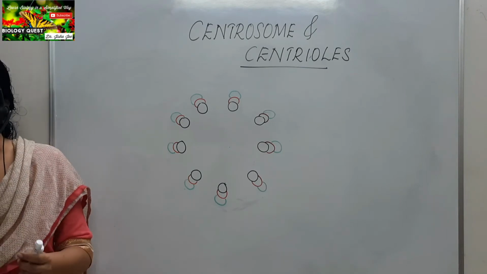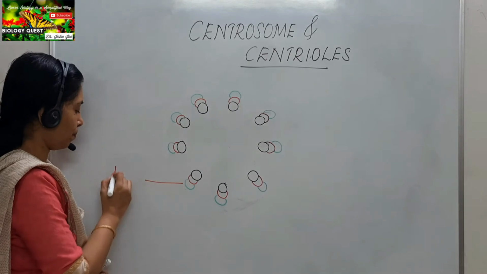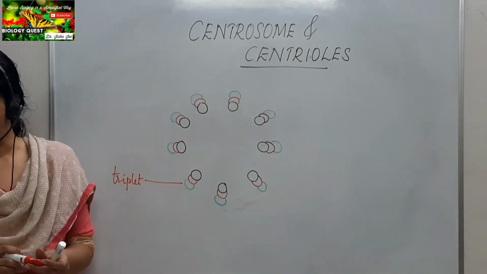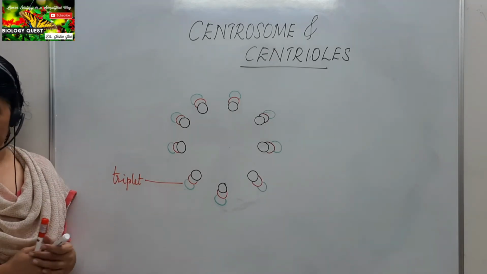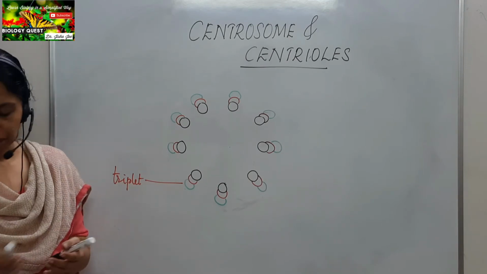That is a triplet. Each triplet is formed of 3 microtubular subfibers, and they are designated as A, B, and C.